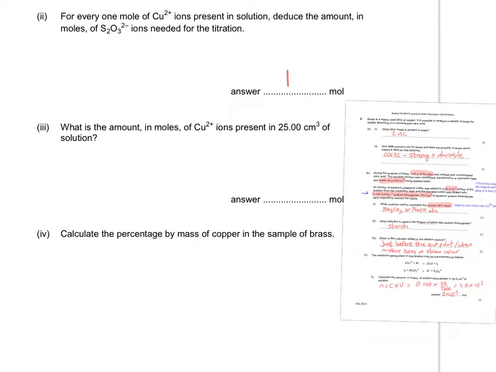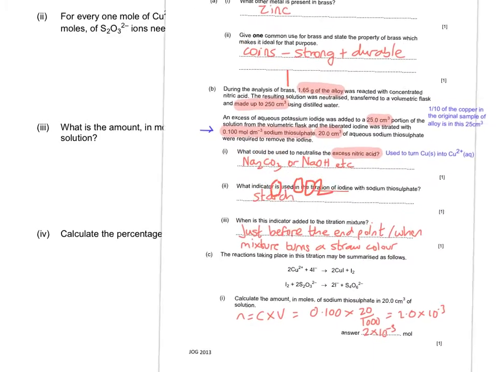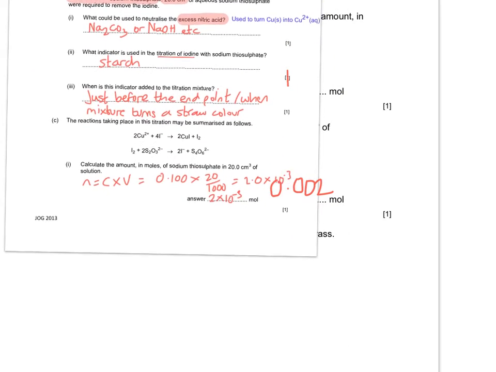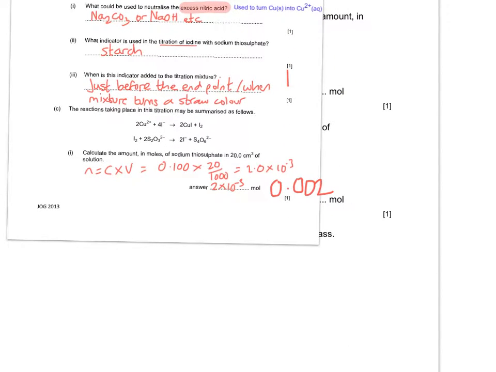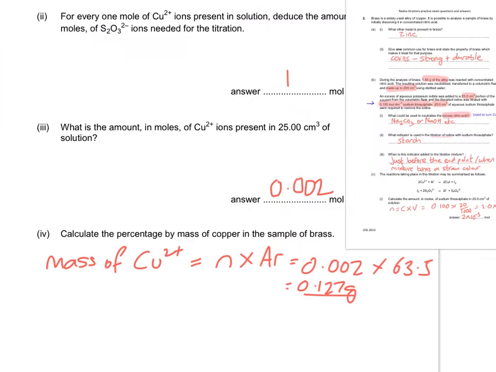Then it asks us, what is the amount in moles of Cu2+ ions present in 25.00 centimeters cubed of solution? And we can say it's 0.002, because if we take our page and make it a bit bigger, we can see that the number of moles of sodium thiosulfate and the number of moles of copper are going to be the same.